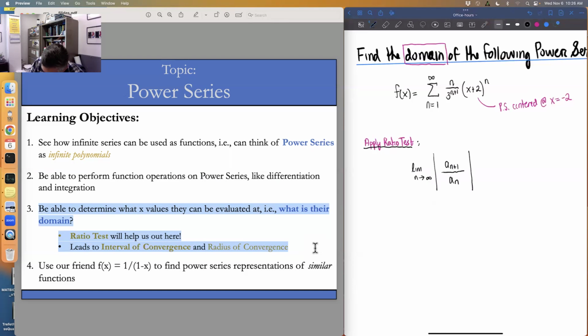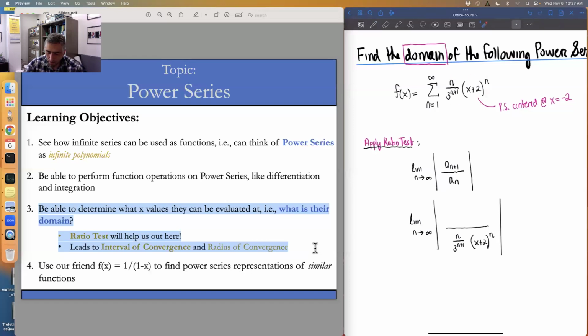So for us, we take the limit as n goes to infinity. Our previous term in the series is just the series function that we're given, n over 3 to the n plus 1 times x plus 2 quantity to the n. So we can just write that, n over 3 to the n plus 1 times x plus 2, that whole thing raised to the n. Now when we plug in the n plus first term, we go back to the original series function.